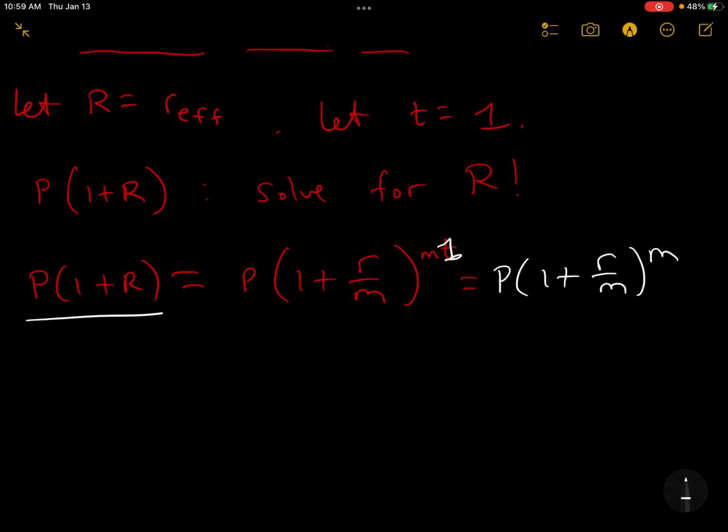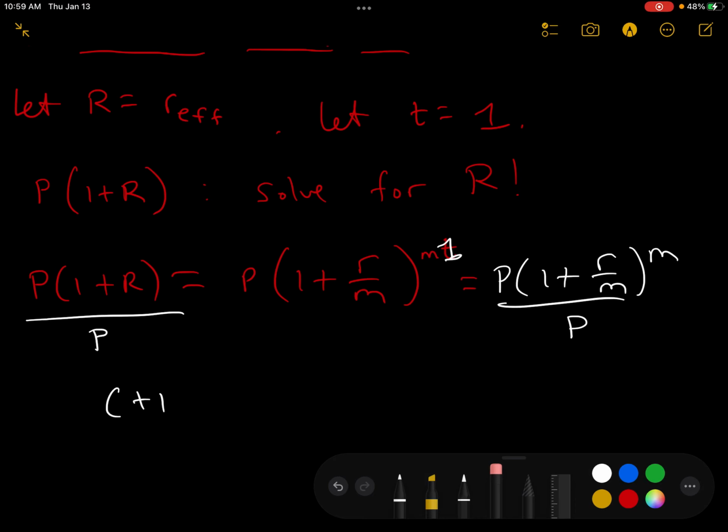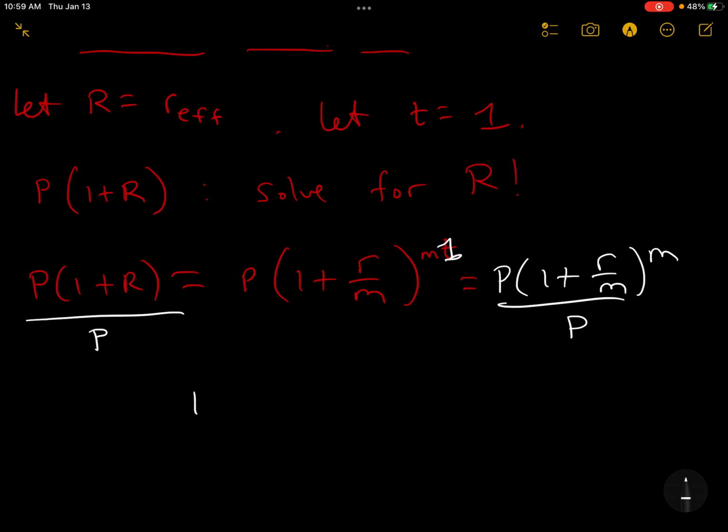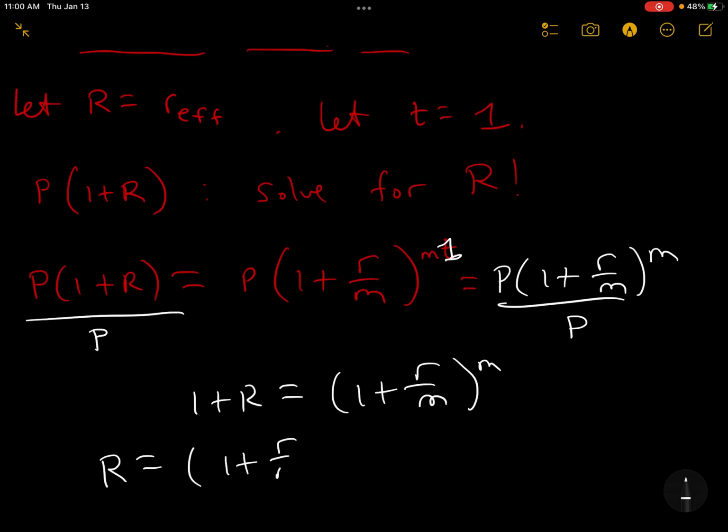First of all, across here we divide by P. It's non-zero, so that's a legal move. So on the left-hand side I have 1 plus R, and on the right-hand side I have 1 plus r over m to the m. And so capital R we solve for is 1 plus r over m to the m, minus 1. And that's how you compute APY with this formula.